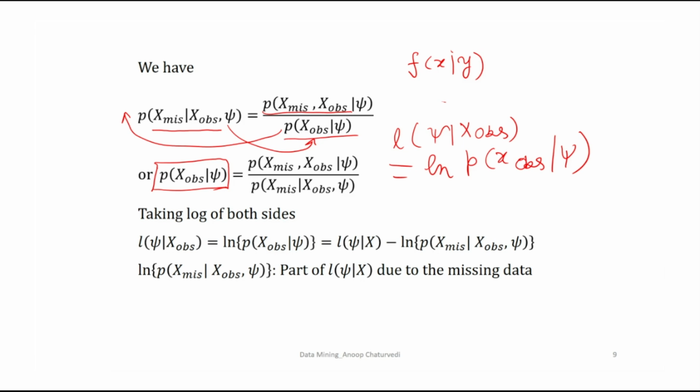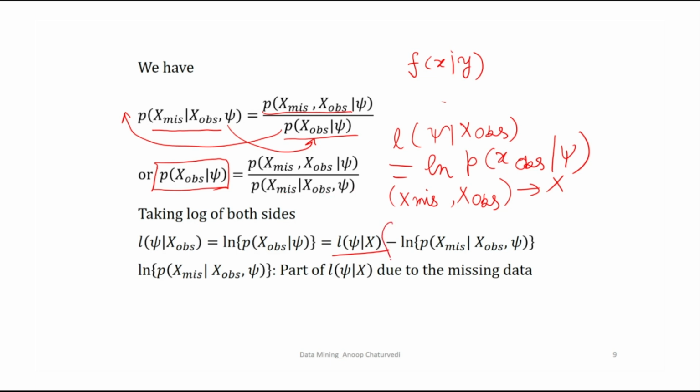Then on the right hand side we get log of p of x missing, x observed given psi, and x missing, x observed may be written as x. So, log of p of x given psi, or small l of psi given x, minus log of p of x missing given x observed and psi.